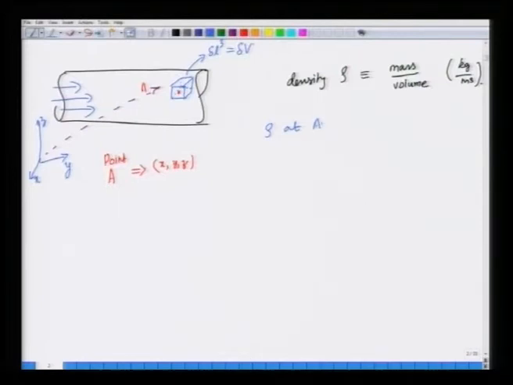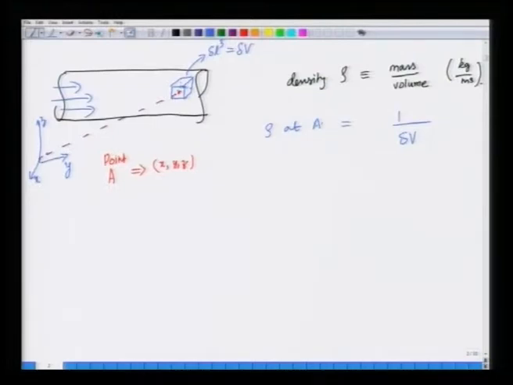So, what is density at point A? Well, what you will do is you will count the number of molecules in that volume delta V. We take delta V, which is basically delta L whole cube, in the denominator.